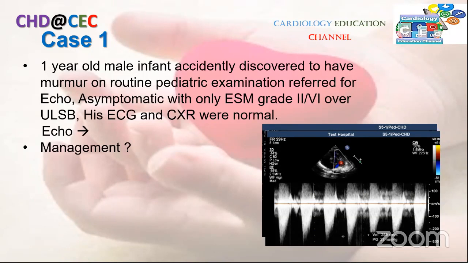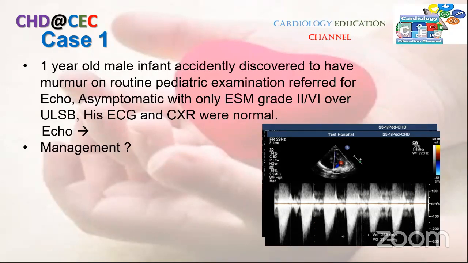And I want to highlight a very important point in those patients. We should always depend on the 2D images regardless of the pressure gradient. If you have a 2D image which denotes a severely stenotic pulmonary valve, and you are getting a low pressure gradient, you should always be meticulous in assessing those data very frequently.